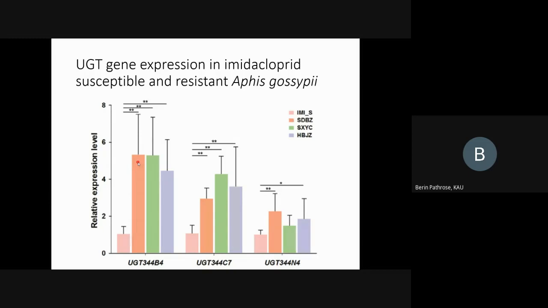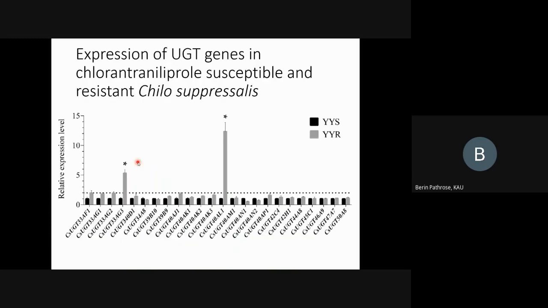There are a lot of examples, papers with respect to resistance to neonicotinoids by this UGT gene expression. And this is with respect to chlorantraniliprole against striped stem borer Chilo suppressalis in rice. See this. Here in the x-axis numerous UGT genes are given, and they have taken the susceptible one and the resistant one.